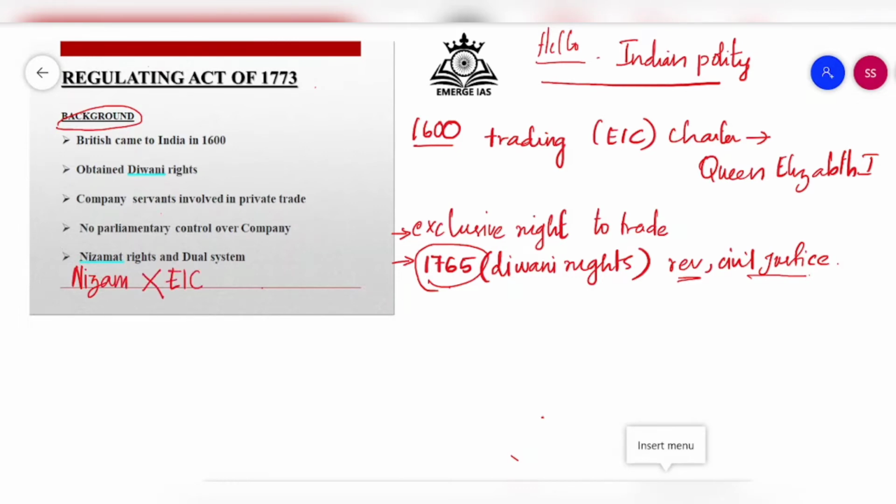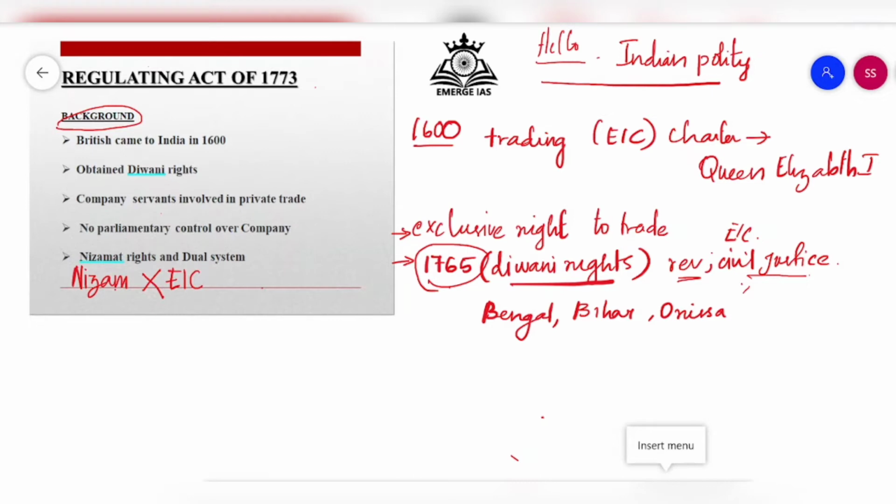the East India Company. And you have to know one thing, the British got Diwani rights for 3 places, that is Bengal, Bihar and Orissa, and at these 3 places the administrative control was with the Nizam of Bengal, Bihar and Orissa, and the revenue and civil rights were with the English East India Company respectively.